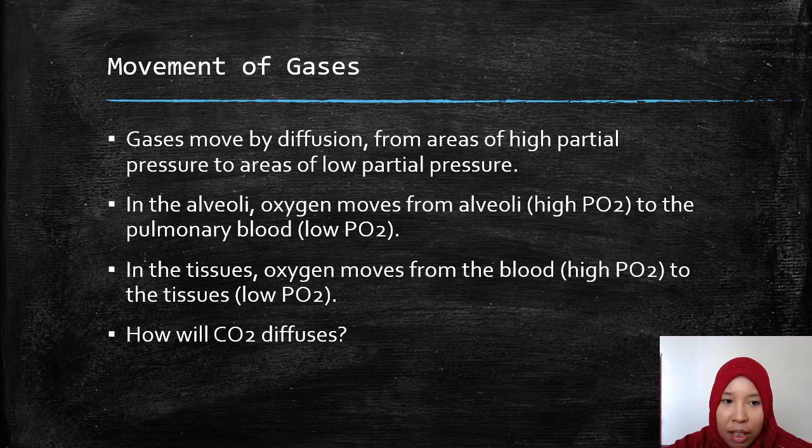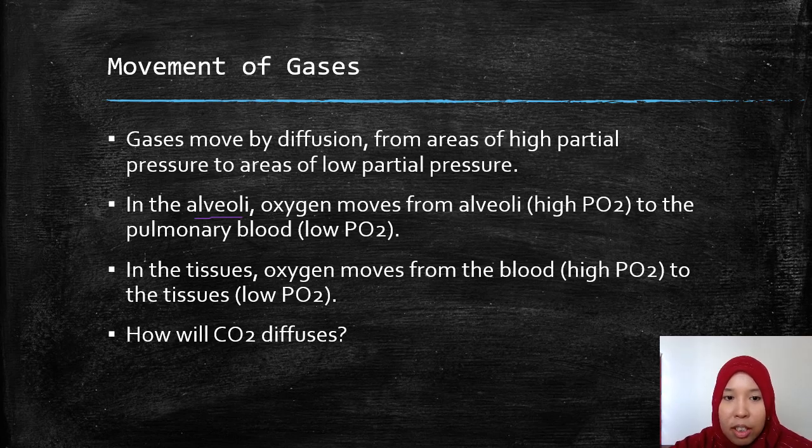So in the alveoli, meaning your lungs, when we breathe in, you have a lot of oxygen in your lung. And you also have blood vessels, remember, which are very close to the alveoli. These blood vessels contain low oxygen because they just returned from the rest of your body, which has taken all the oxygen, so it's now low.